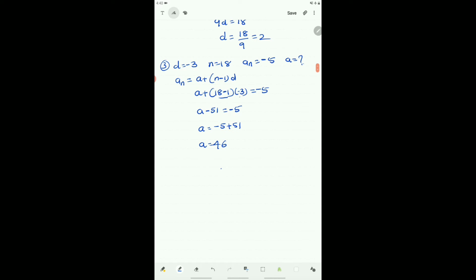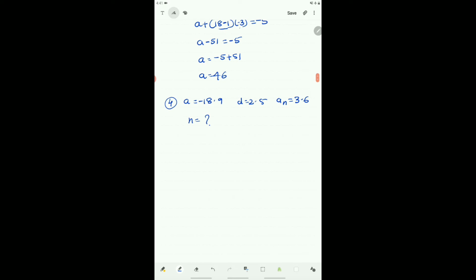Next, fourth question. Fourth table, fourth row. Here A is given, A is equal to minus 18.9 and D is equal to 2.5 and AN is equal to 3.6, and the question mark is for N. N is equal to question mark.